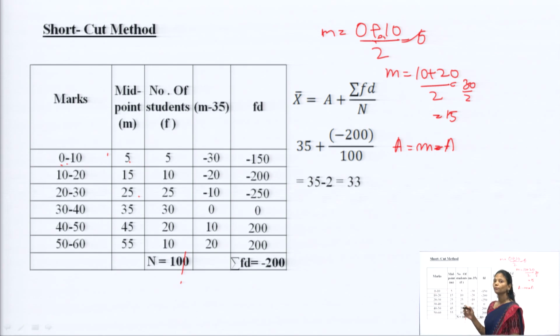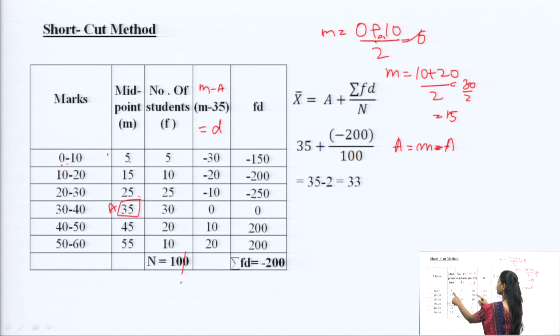For example, I have assumed 35 as A. So 35 becomes my assumed mean. What I am supposed to do is m minus 35, because it is m minus A. So m minus A becomes my D.